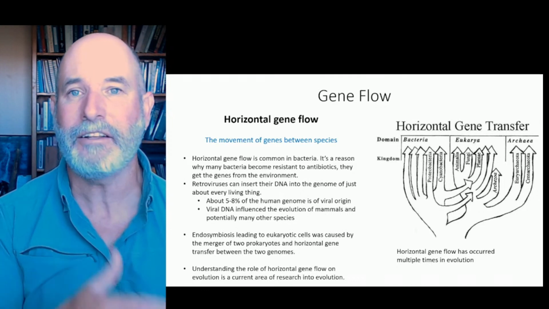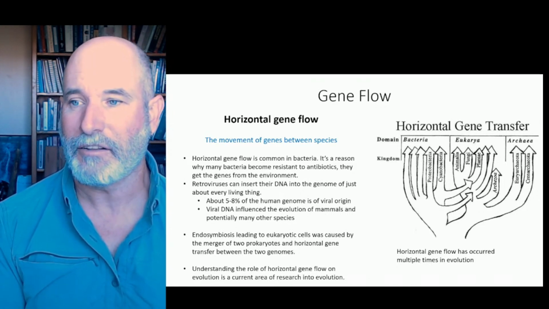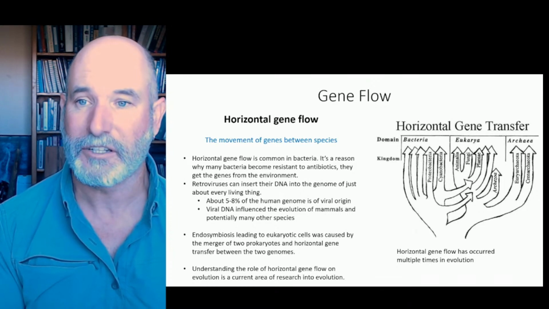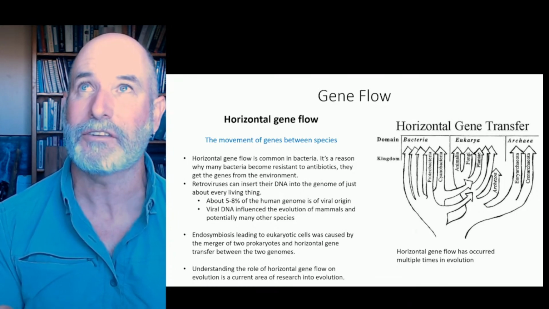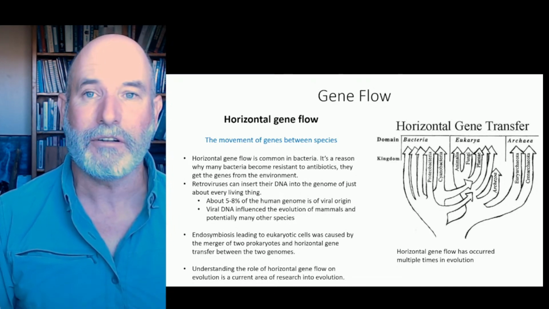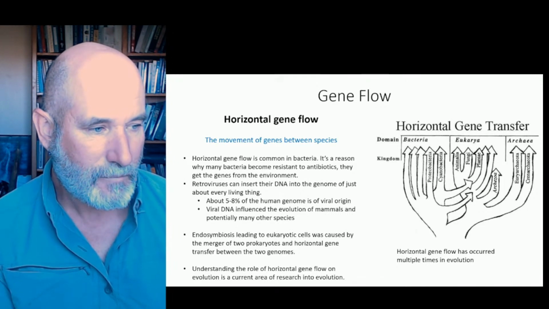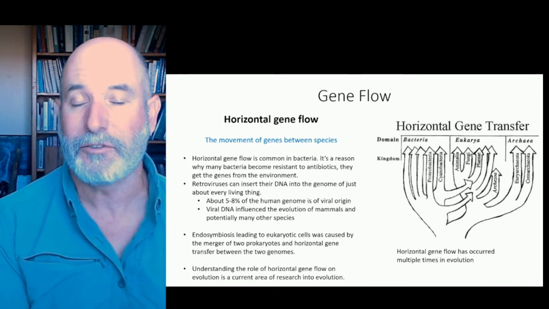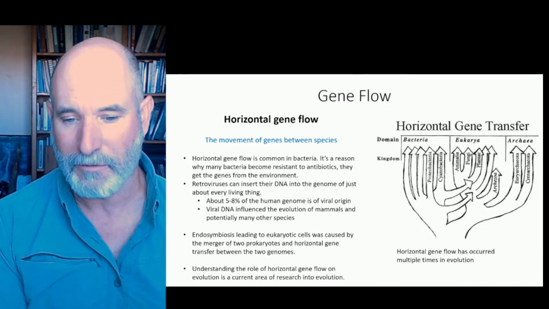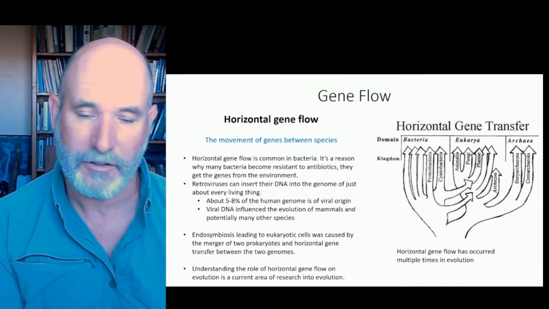So we're gaining genes that have clearly affected our evolution, like the evolution of the placenta in mammals from a virus protein called syncytin. So it's been very important in our evolution. The other one is the evolution of eukaryotes in general, when you had the merger of the aerobically respiring bacteria into the archaeon.